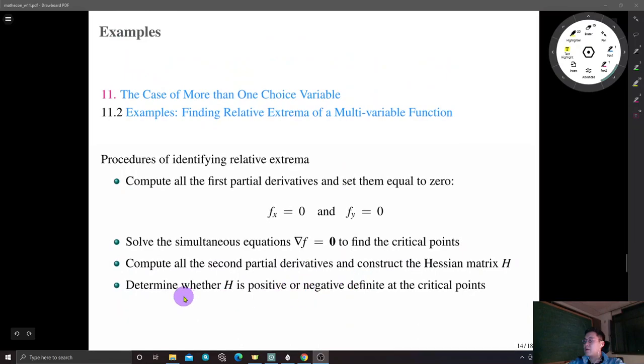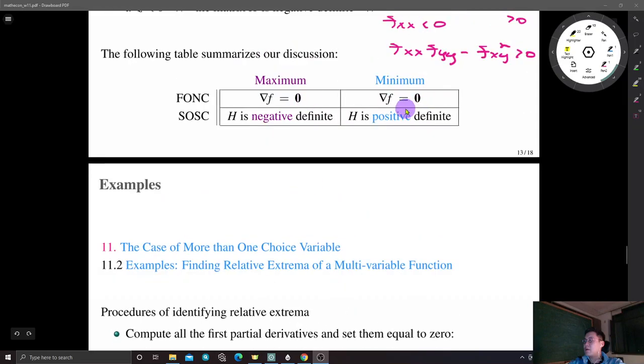Then determine whether the Hessian matrix is positive definite or negative definite at the critical points we found at the second stage. Depending on whether that is positive or negative, we can classify whether at the given critical point the function attains a max or min.